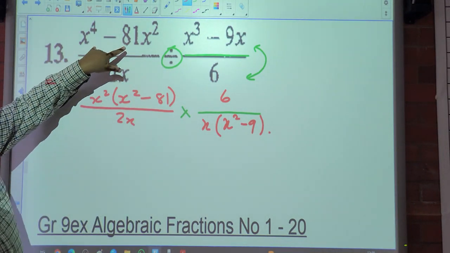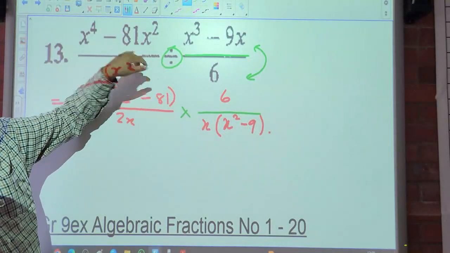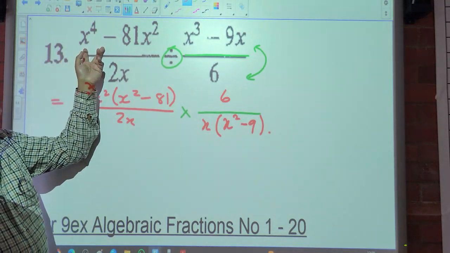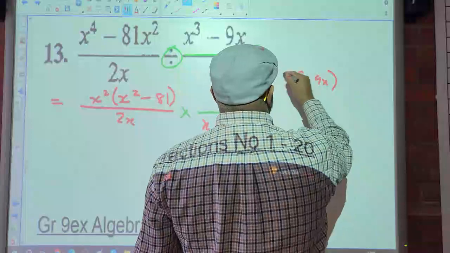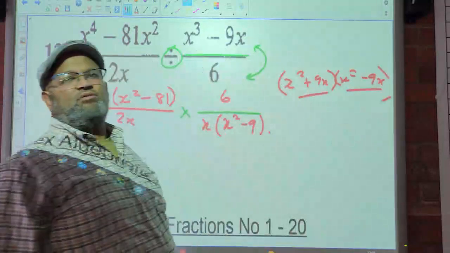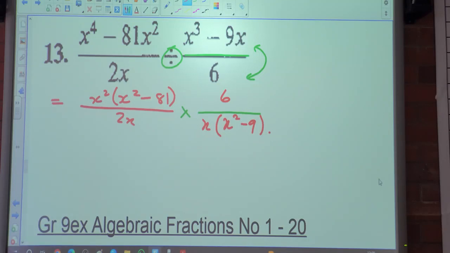But then you see that we said that common factor overrides all types of factorization. So we always do common factor first. Because if you do difference of squares, you're going to get x squared plus 9x and x squared minus 9x. But what do you notice? x is still common. It must still come out. You understand? So it's better for you to do common factor first.